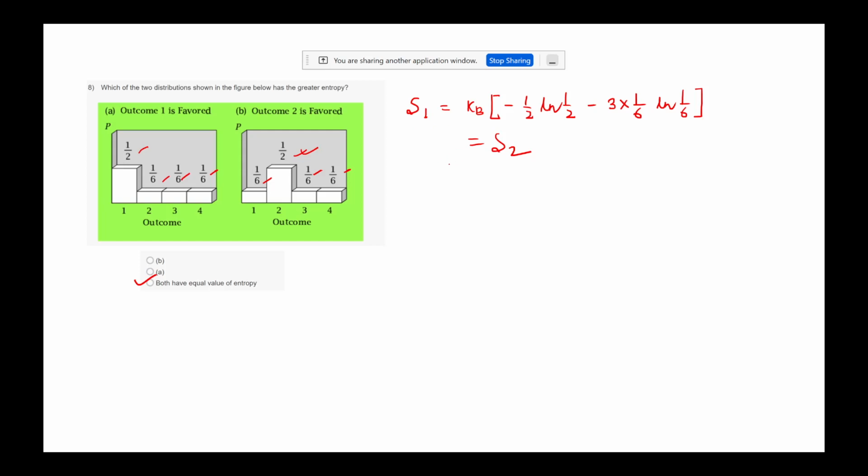So this will be the same probability, and the formula of S is kB minus sum over i of Pi ln Pi. Okay, so both have equal probability. This is similar.